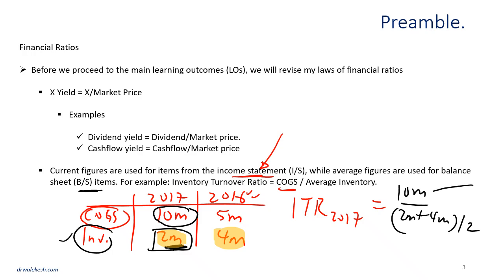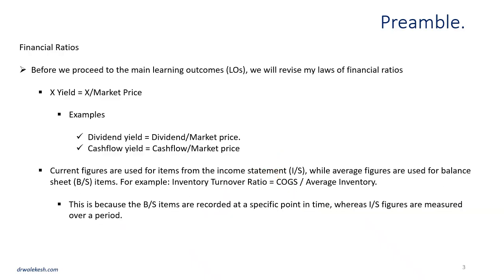We're able to make use of the cost of goods sold directly because it is an item on the income statement, and the income statement shows the performance of a firm over a period of time. So this 10 million is over a period of time.